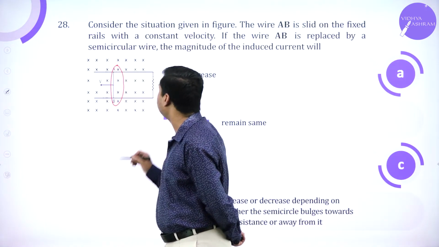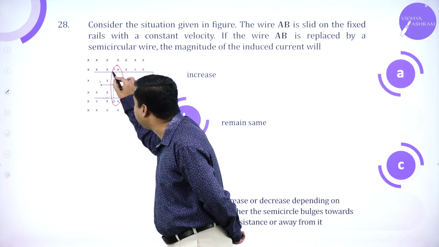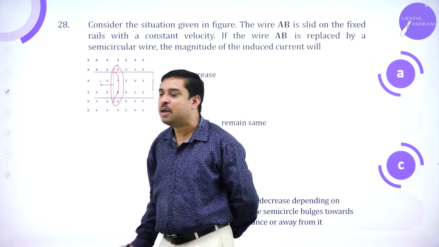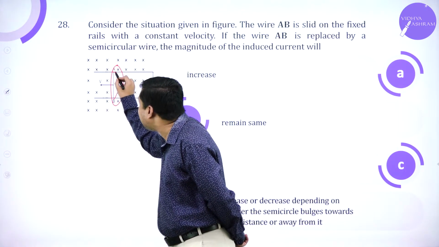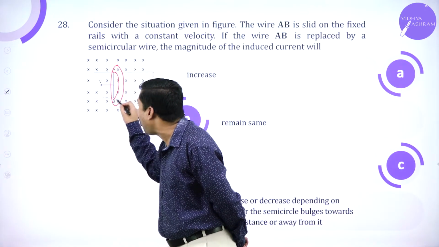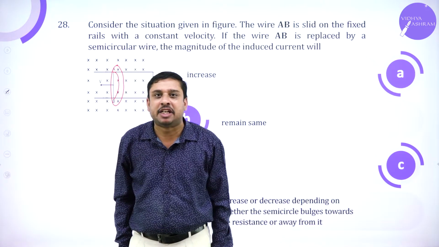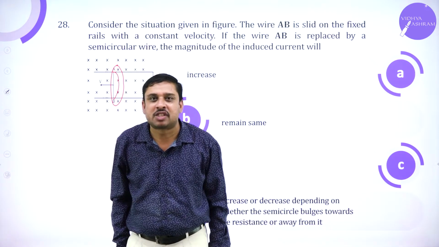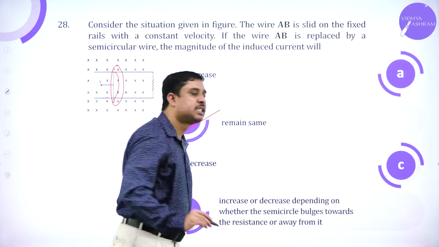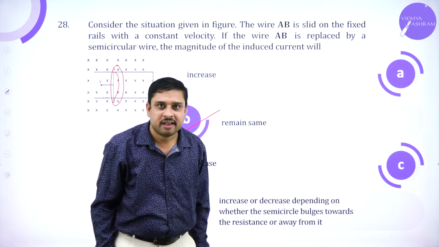Motional EMF. Now the problem says, if this wire AB is replaced by a semicircular wire, a semicircular portion, what will be the magnitude of the induced current? My dear students, I say the induced current still remains the same. Why?